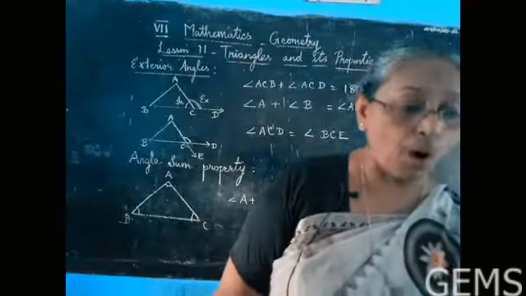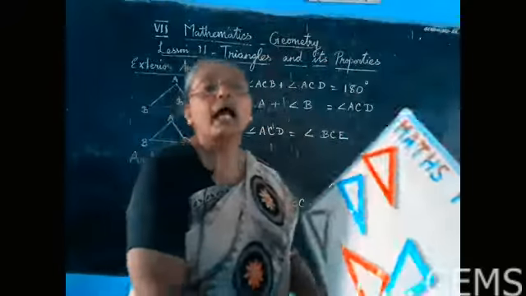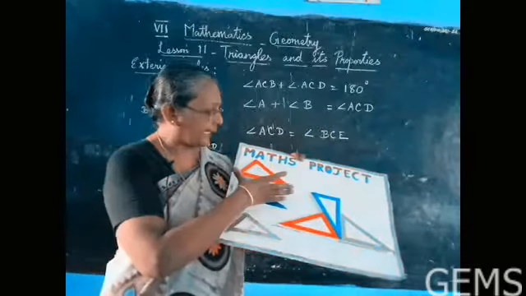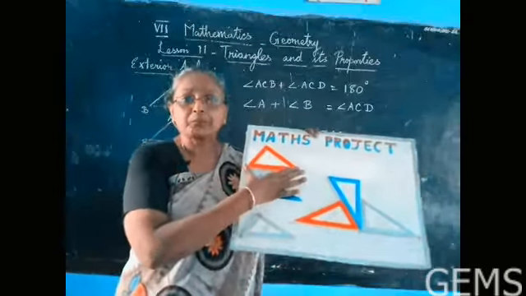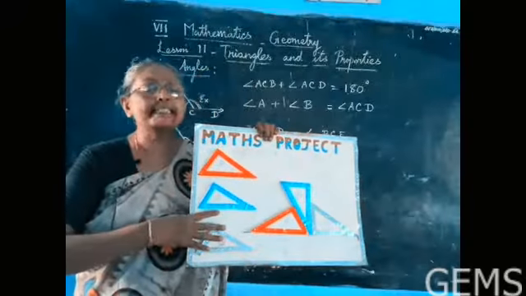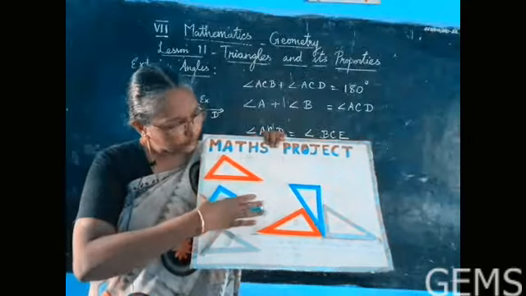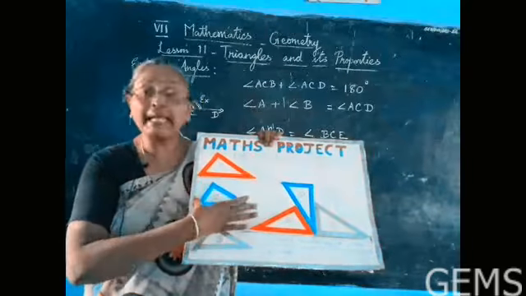You can do a small experiment at your homes and you can try and prove that. What is that? Here you can make a triangle ABC. You can make any triangle ABC, and two more triangles of the same measures.